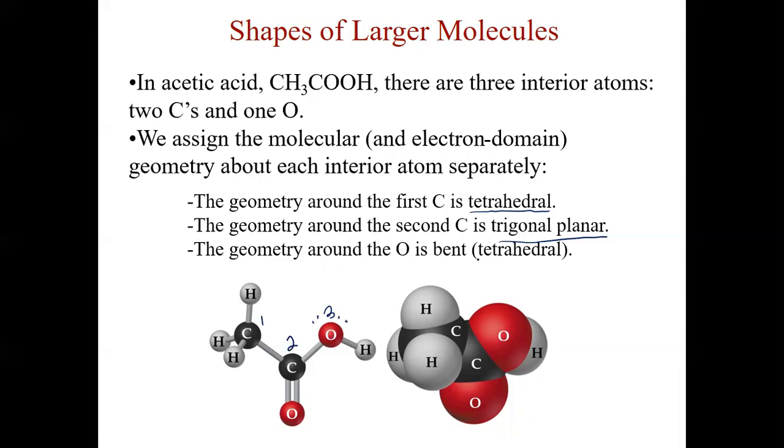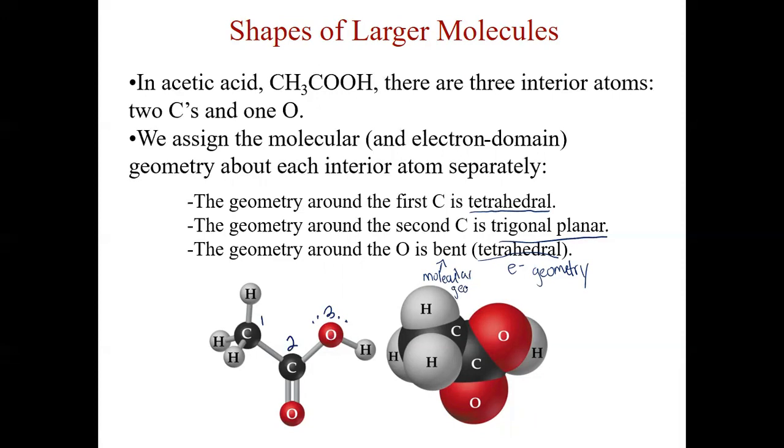So the electron geometry is tetrahedral, where the molecular geometry is bent. And that's something you have to think about.